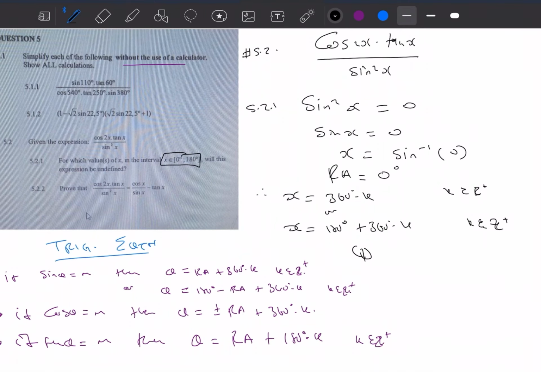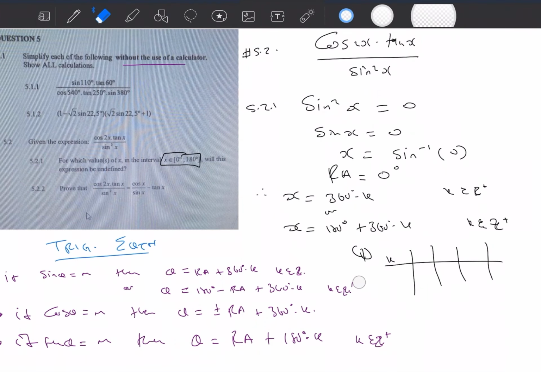So you can now take your calculator and type it, or rather create a table like this and say, okay, let's take k. Let's not make it a positive number, let's make it a negative number, because I want to show you how these integers would look.